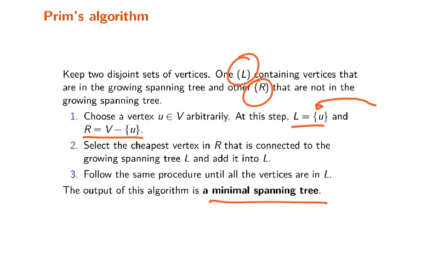So you start with a vertex in L, and at each step you are growing your spanning tree, putting more things in L and taking things out of R. The way that you do that is based on the idea of the paths that connect two parts of the graph.